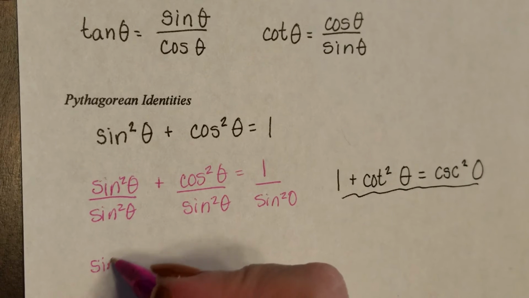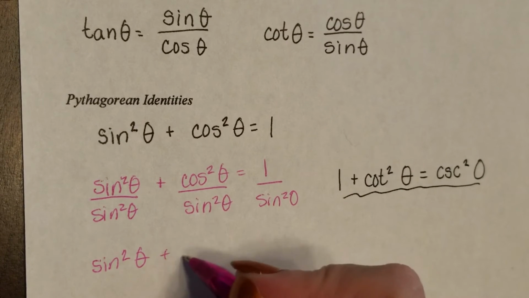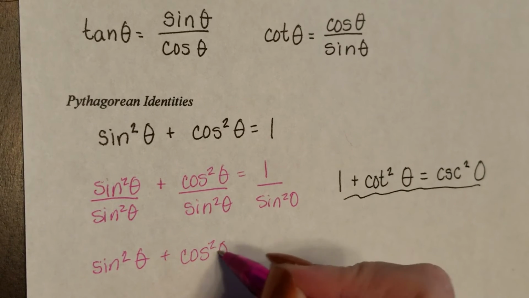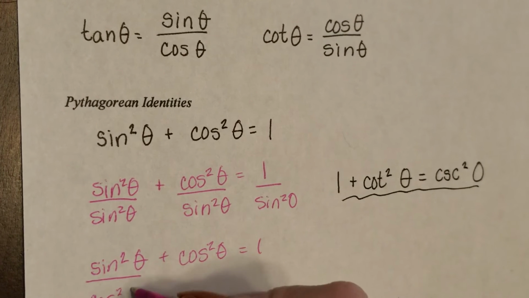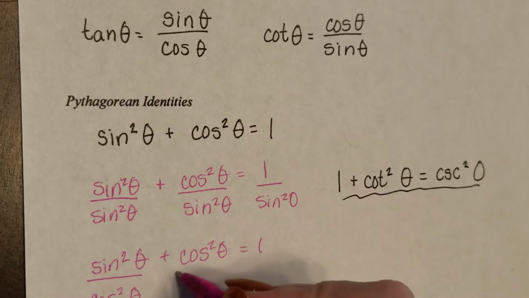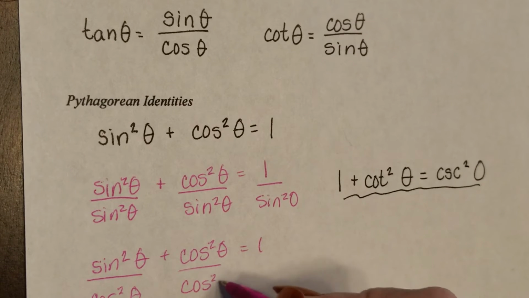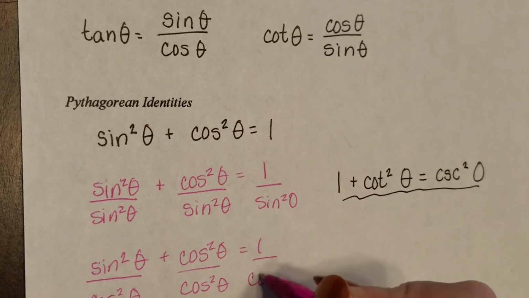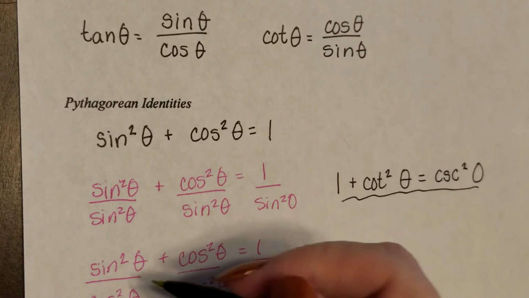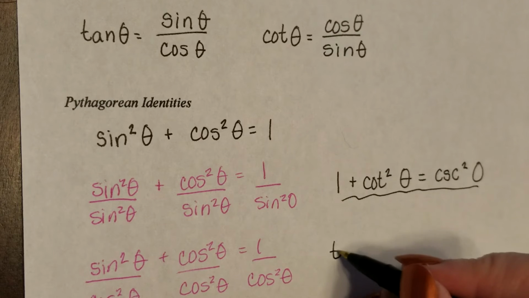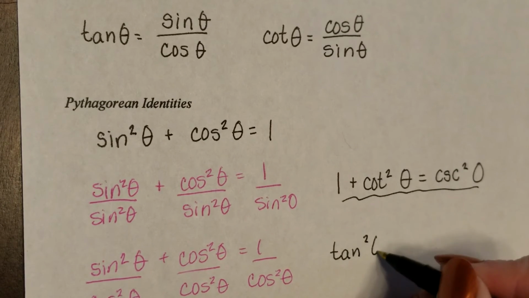So if we start out with that first one, sine squared theta plus cosine squared theta equals 1, and we divide by cosine squared theta this time, sine over cosine is tangent, so we have tangent squared theta.